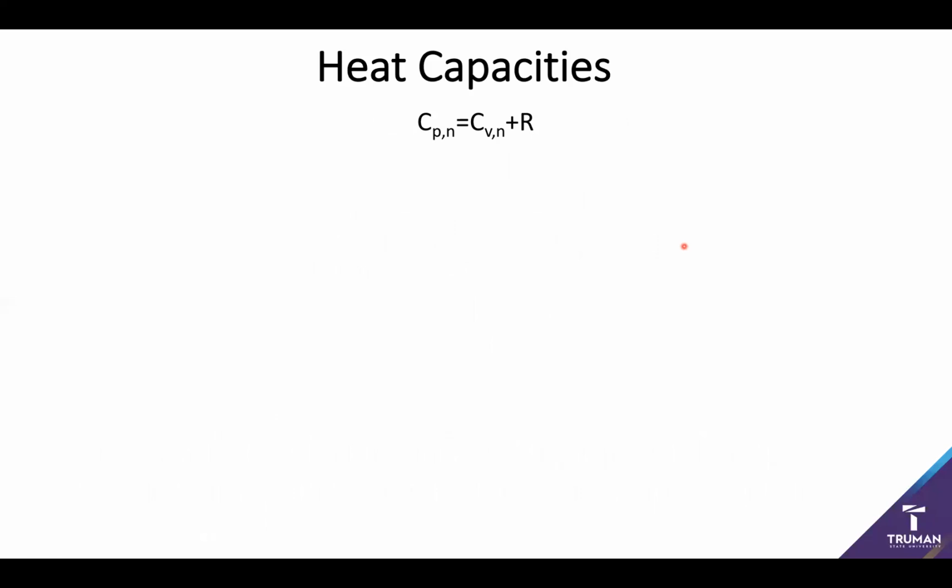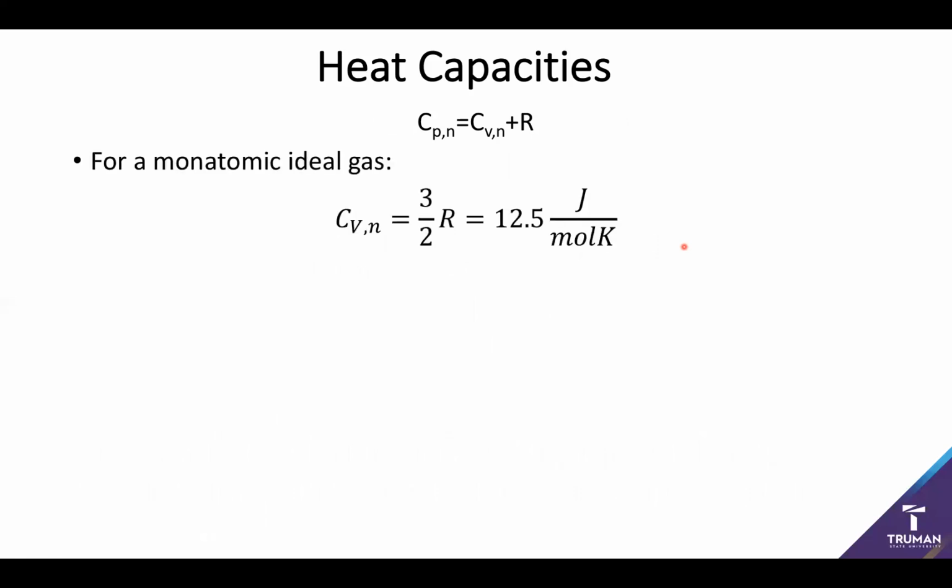If I have a monatomic ideal gas, we've already seen that it has a heat capacity of about 3/2 R. That's because I have essentially a 1/2 R dependence on temperature for every degree of freedom, and I've got 3 degrees of freedom because I've got 3 translational modes. So the isochoric heat capacity of, say, argon is going to be about 12.5 as long as it's ideal.